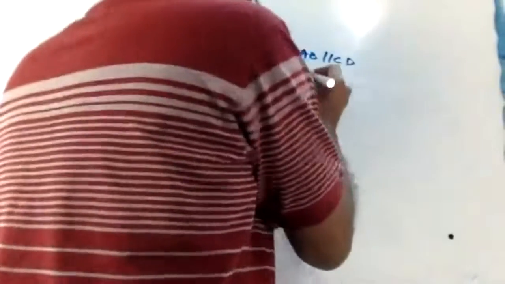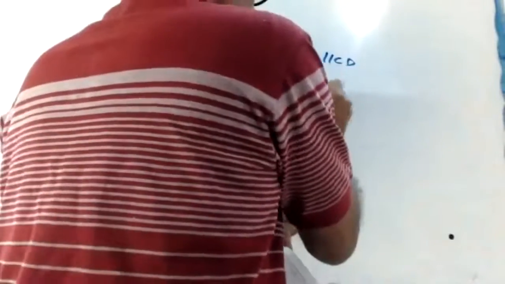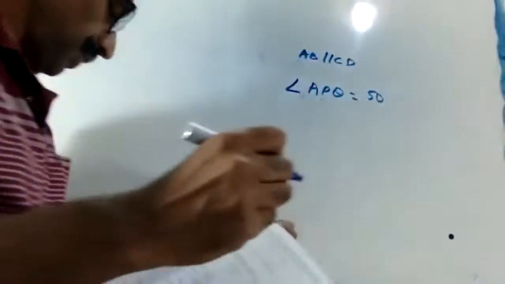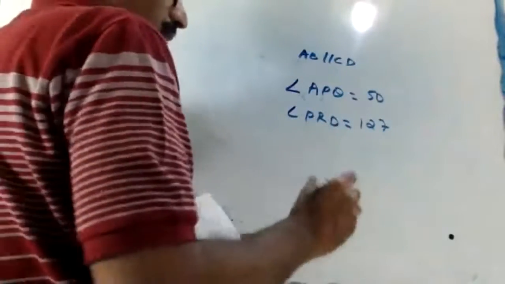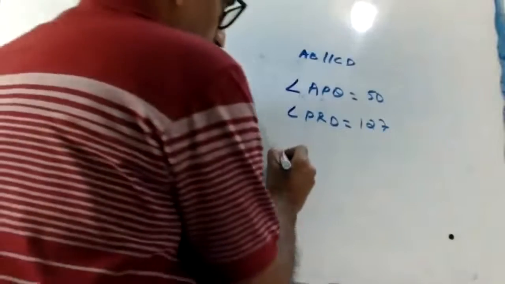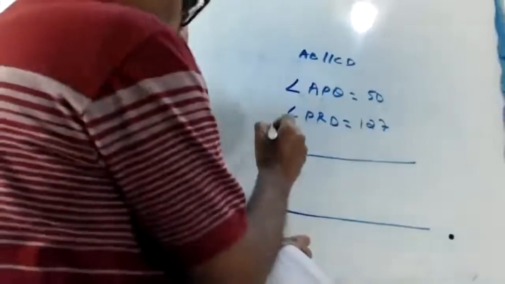Angle APQ equal to 50. Angle PRD equal to 127. Okay. Find X and Y.